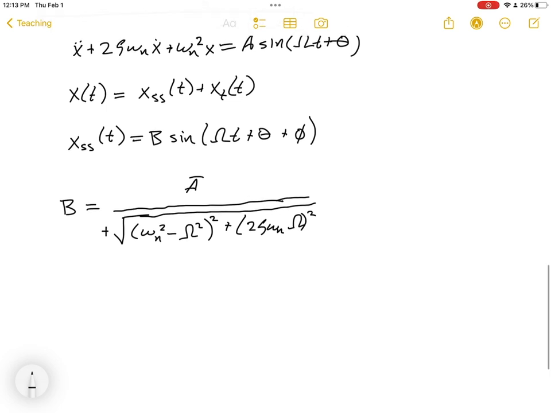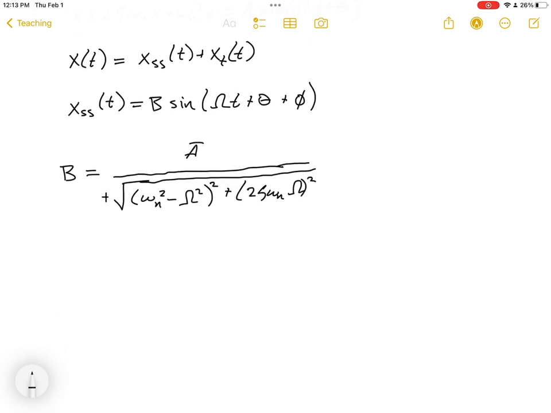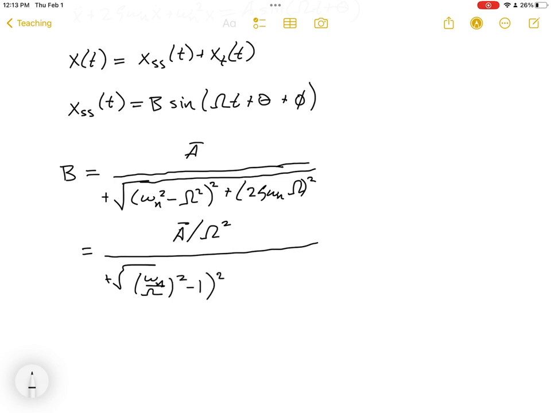And what we often do is factor that capital omega out of the denominator. So this is going to equal a bar divided by omega squared, divided by the positive square root of omega n over capital omega squared minus 1, that quantity squared, plus open quantity 2 zeta omega n over capital omega, and that whole quantity is squared.